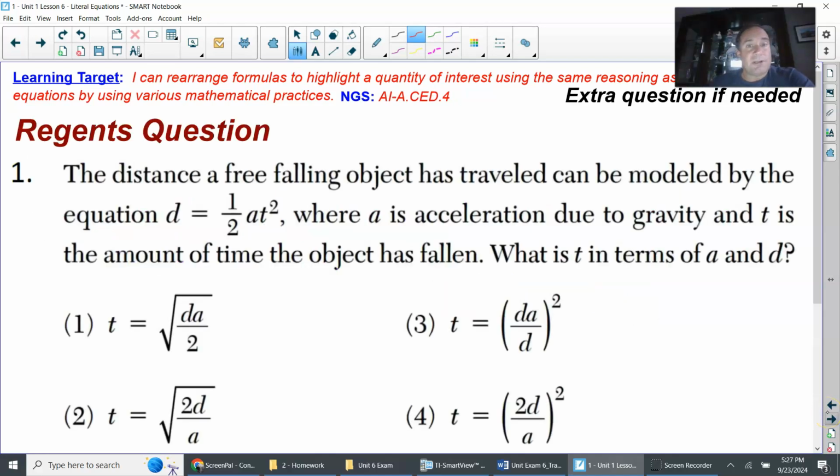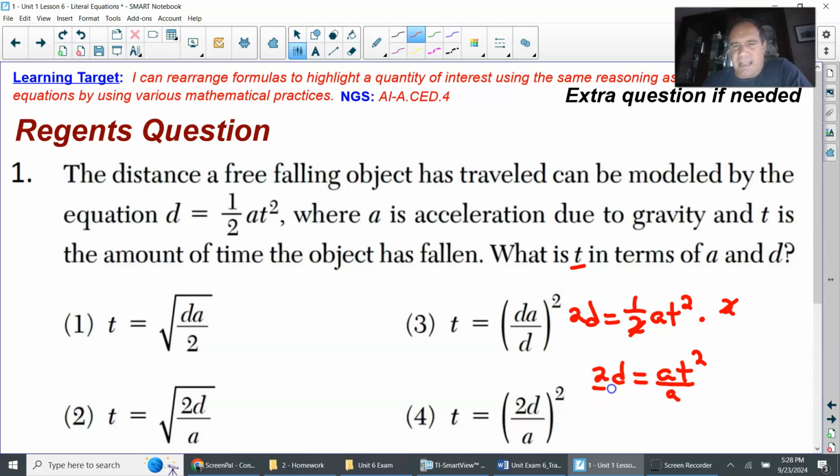Here's a Regents question. The distance of falling can be modeled by this. That's the formula. So we're going to put down D equals 1/2 A T squared. They want you to solve for T. This is a little bit difficult, right? But get rid of that fraction. So we're going to multiply by 2 on both sides. 2 cancels. 2D equals A T squared.